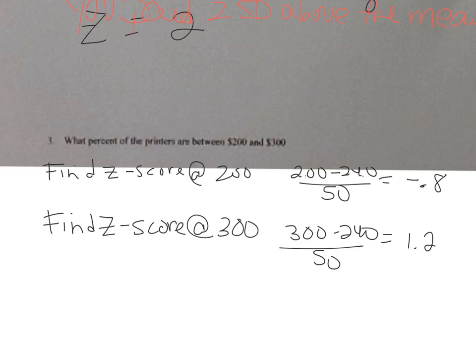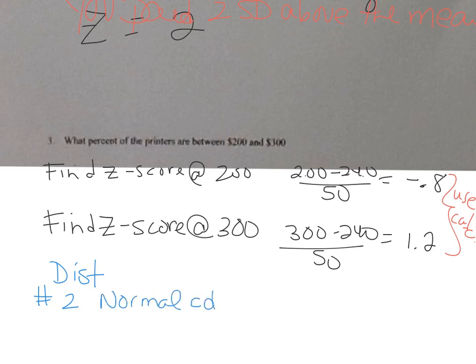So now you're going to use your calculator. So make sure you have your calculator. If you don't have your calculator, put me on pause right now and get your calculator. All right, so what you're going to press on your calculator is this. You're going to press the distribution key. So find the distribution key, over towards the middle, top middle. All right, and then you want number 2, which says normal CDF.